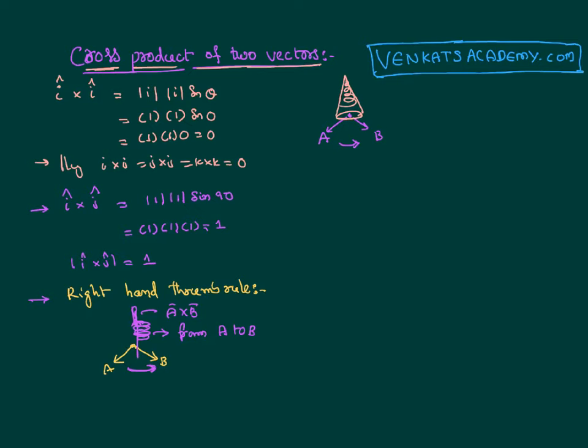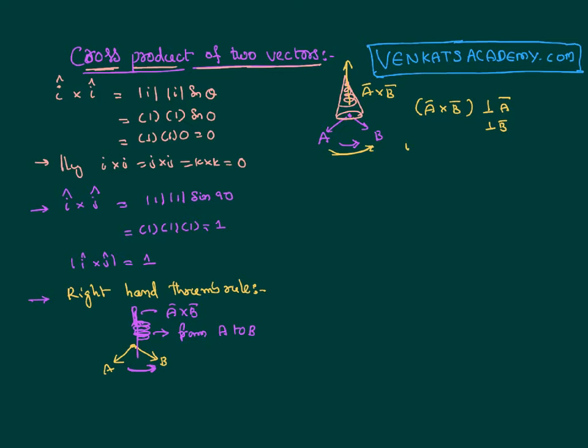So let us rotate the head from A bar to B bar, just like this, A bar to B bar. And it's very clear that the tip of the screw will be moving in the perpendicular direction. That's the direction of A bar cross B bar. So it's very clear that A bar cross B bar is a vector which is going to be perpendicular to A bar and also perpendicular to B bar.